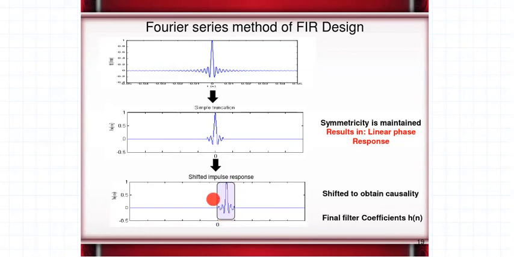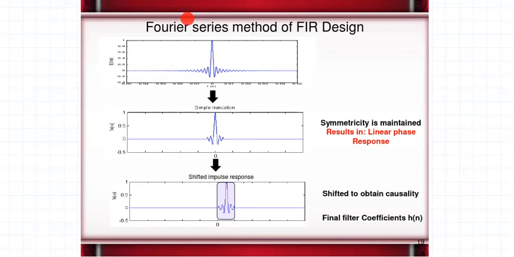And therefore we call this my final filter coefficients, whereas this is not my final filter coefficients. Even though this is the impulse response of my filter, I cannot call this my final filter because it's of infinite duration. So we have done certain modifications on this, and we call this the final filter coefficients of the filter that we are going to design.